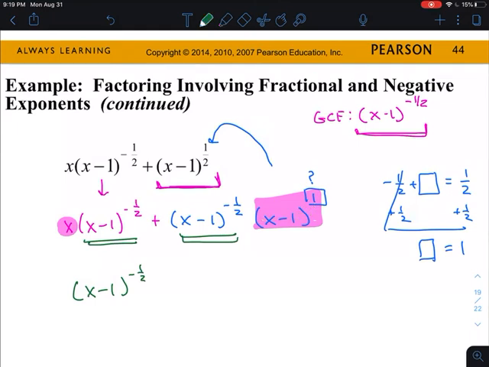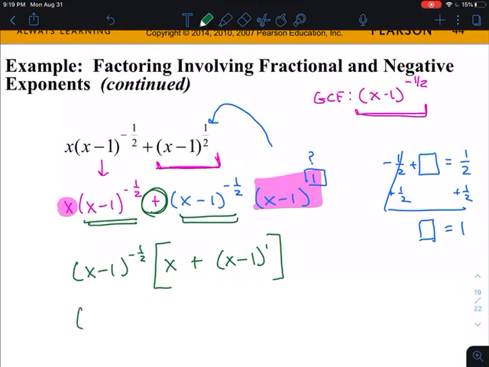So my other set of parentheses, I'm going to end up with an x and then I have a plus x minus 1 to the first power. That looks kind of funny, doesn't it? Let's see what we can simplify it down to.